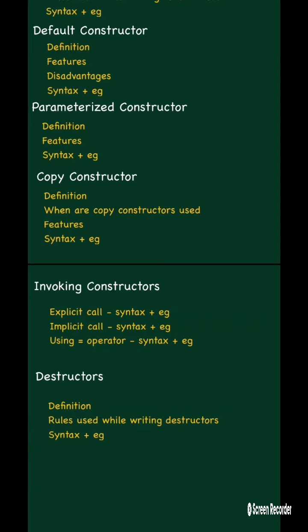Here also, whatever rules you have written for the constructor, you can write the same for the destructor. In a constructor we use the same name as the class, and in a destructor we also use the same name as the class, but preceded by the tilde symbol. That must be the difference between constructor and destructor. Here also you have to learn the difference and the definition. What is the definition of a destructor?